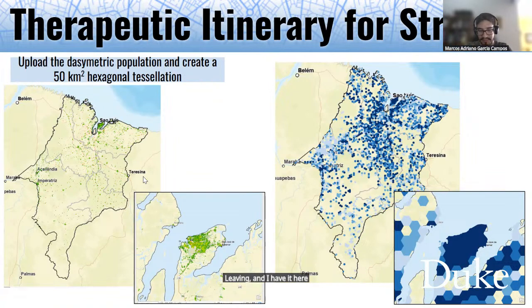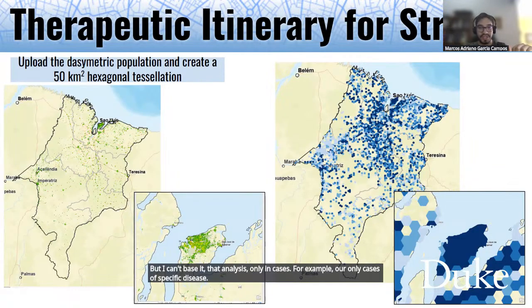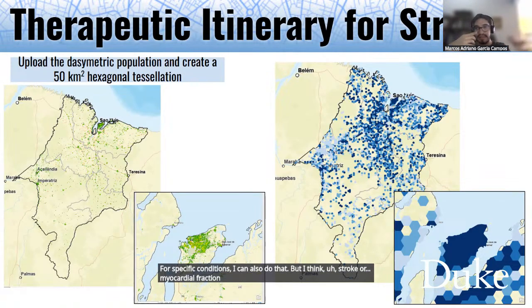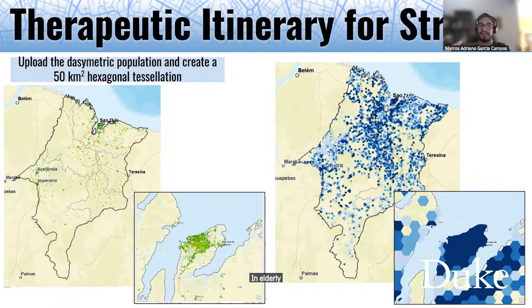But I could base the analysis only on cases, for example only cases of a specific disease or condition. I can also do that. But I think stroke or myocardial infarction will be represented in the adult population, in elderly people, so because of this, I used all the population.